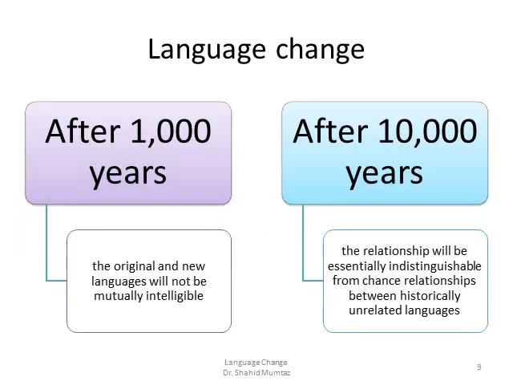After 1,000 years, the original and new languages will not be mutually intelligible, and after 10,000 years, the relationship will be essentially indistinguishable from chance relationships between historically unrelated languages. Some languages which are historically not related to each other may accidentally show some relationships, known as chance relationships.